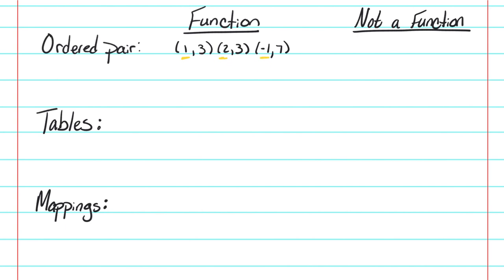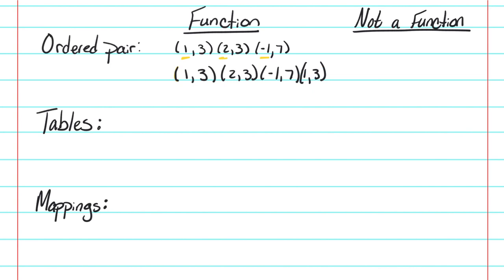One way you're going to see them try to confuse you is you are going to see something like (1, 3), (2, 3), (-1, 7), and maybe here again, they're just going to repeat a coordinate. So pay attention, because if you're just looking at all of the x's and you realize, oh, this x right here repeats, the y value is still the same.